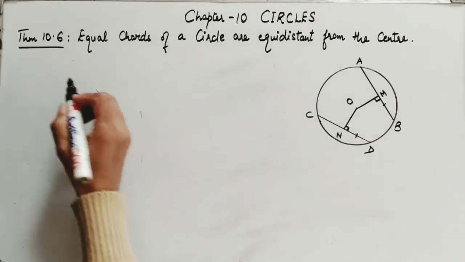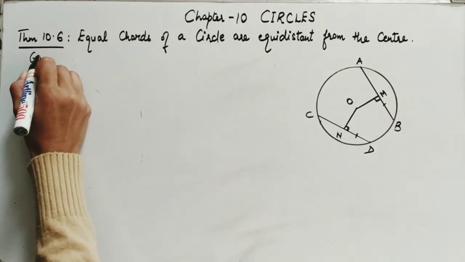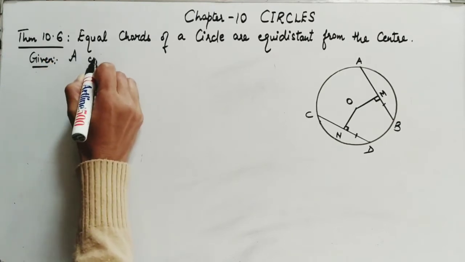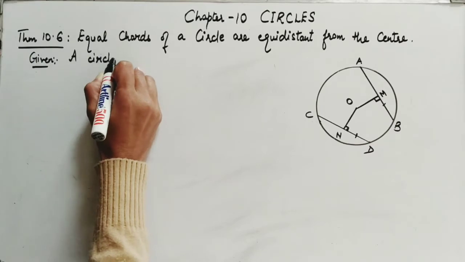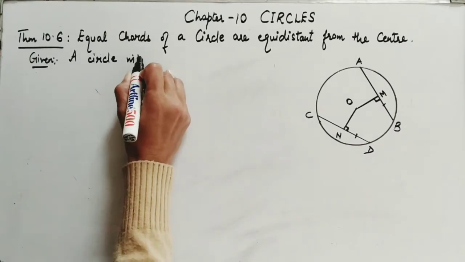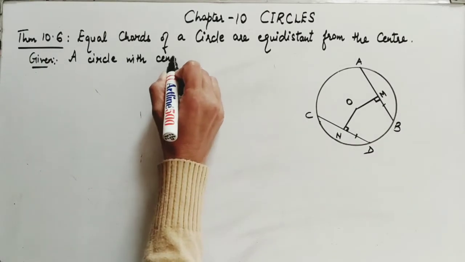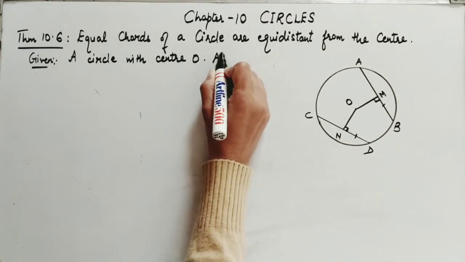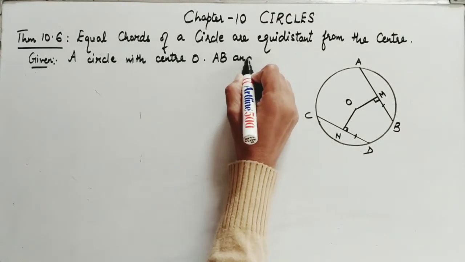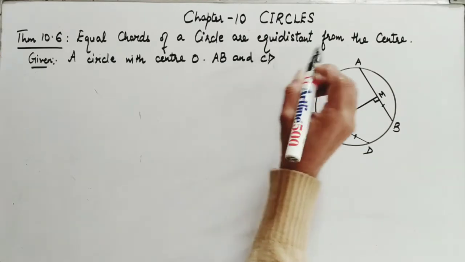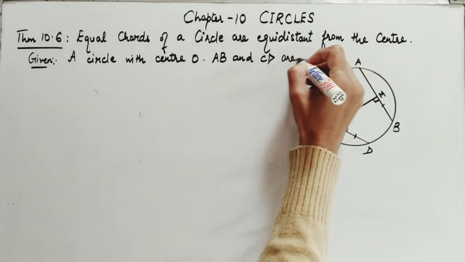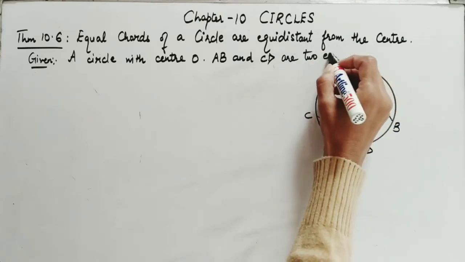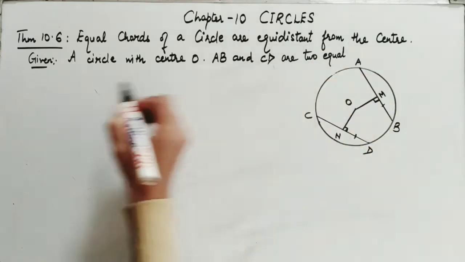Given over here is a circle with center O, AB and CD are two equal chords.